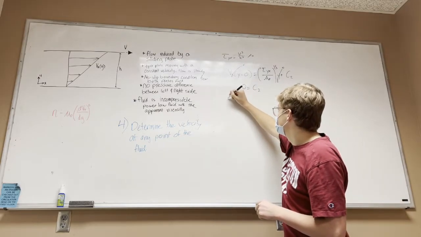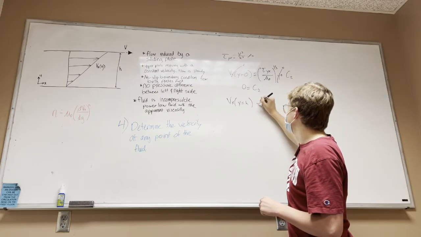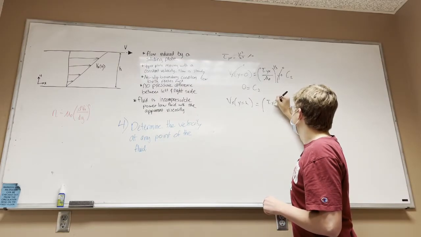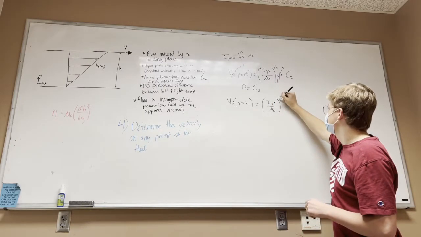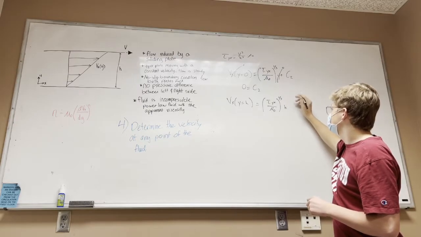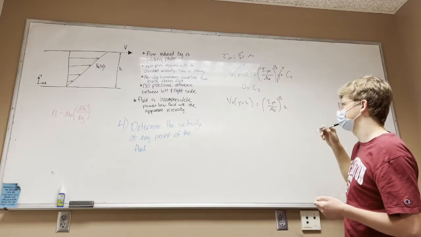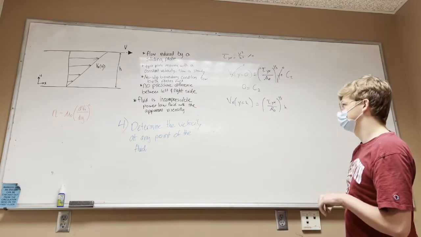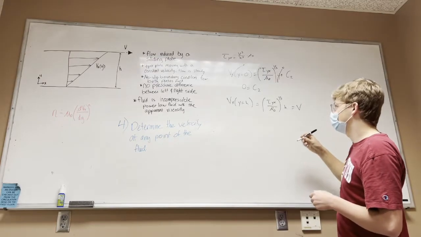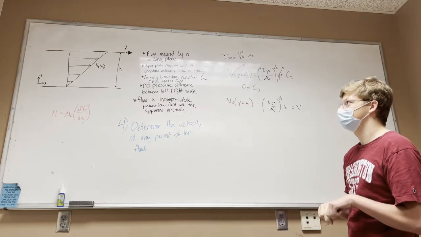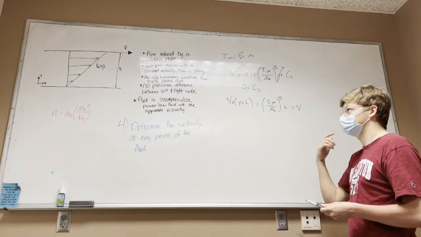And again, we're going to use the boundary condition. Tau yx over mu naught to the 1/3 power times h, because y is equal to h, so you can see how I substituted that in. Then there's no c2, and we know that is equal to v, because the velocity of the fluid at the top of the plate is equal to the velocity of the top of the plate.